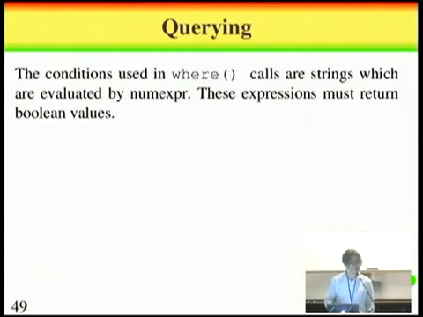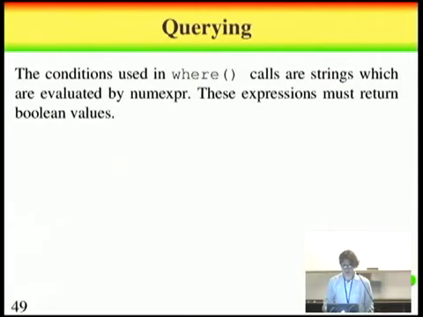So conditions used in where are basically strings, and they're evaluated by numexpr, or the Expression class, in a very similar way to what we just talked about, with the added exception that these expressions must return some sort of Boolean, right? Before, the expressions could return any of the atomic types or whatever you wanted, as long as it could return it.